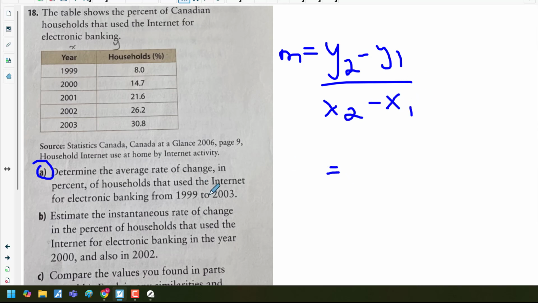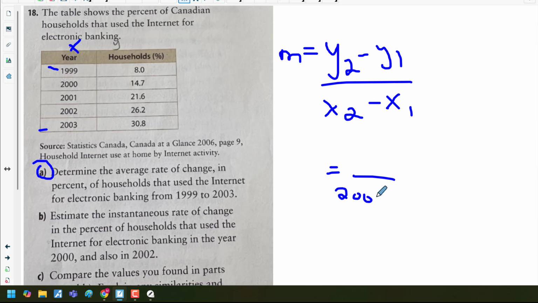So just pick 2 points, and the 2 points they gave you are 1999 and 2003. Those are your 2 points for a year. And if you don't know, it's always the left-hand side of a table that is usually your x, and the right side is y. So 1999, 2003 go here on the bottom.